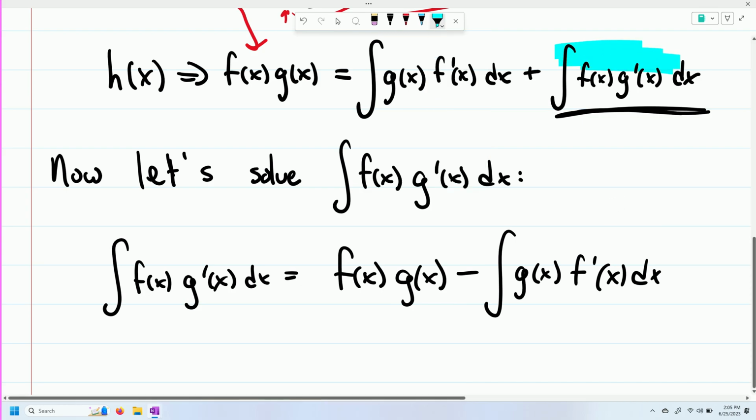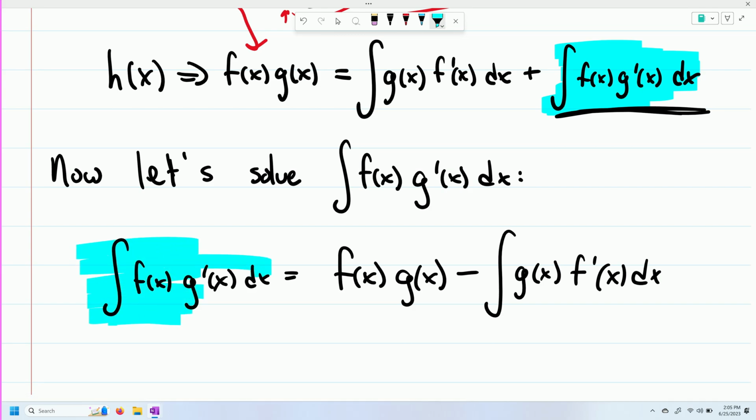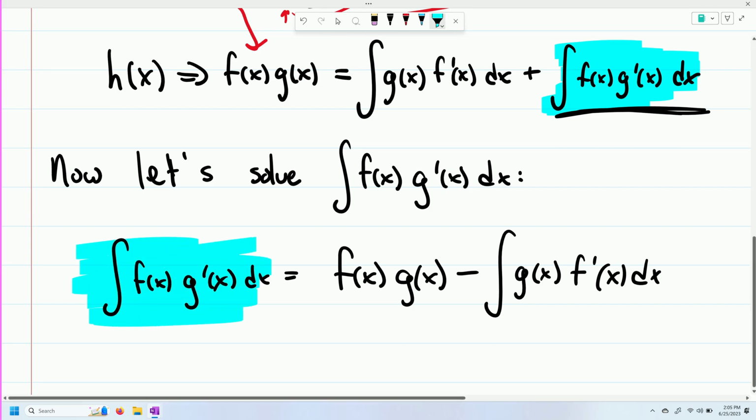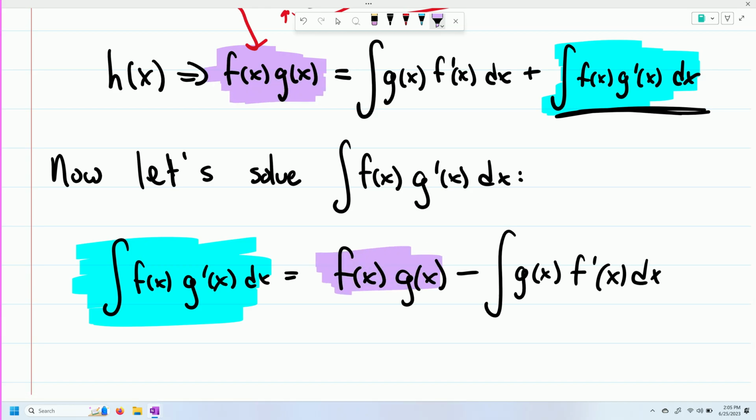So let's get out some color and do this. First, right here are the same things. Next, here's f of x, g of x.